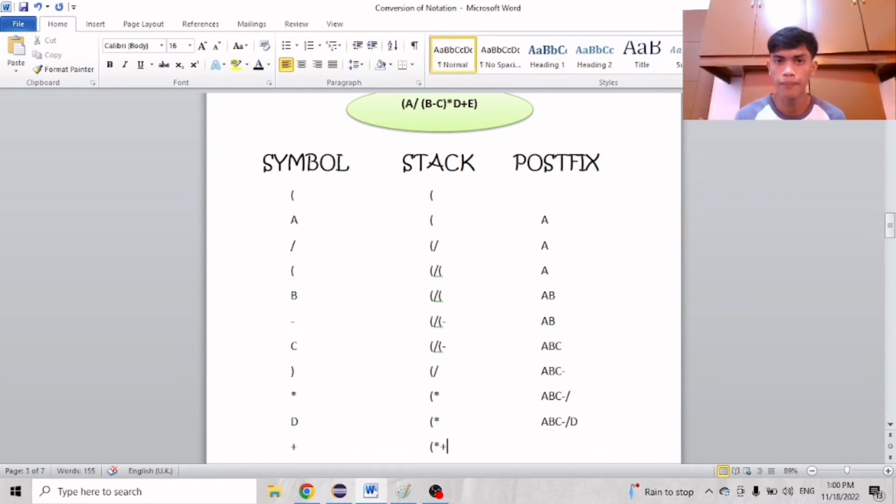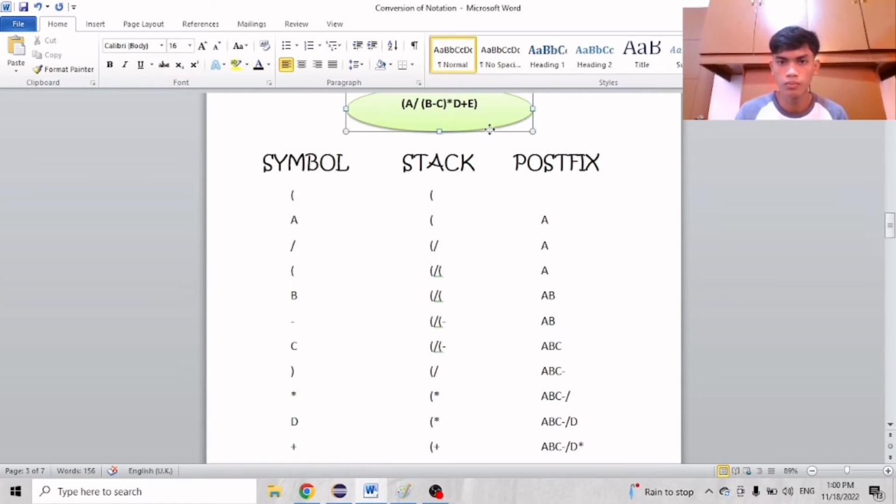Here, what we see is rule number 3. Never put the lowest before the highest. So we need to pop the highest. We need to follow the rules. ABC. Then we put the multiplication here.